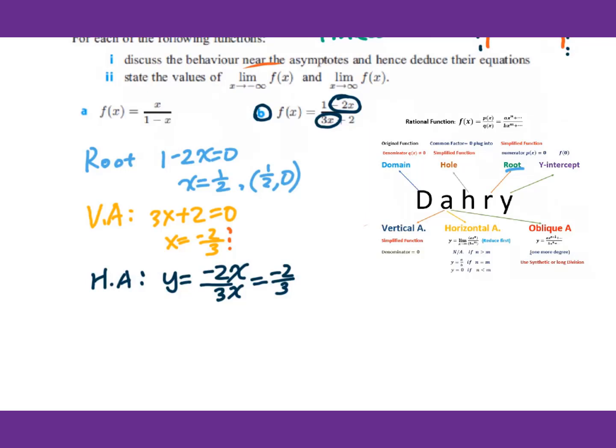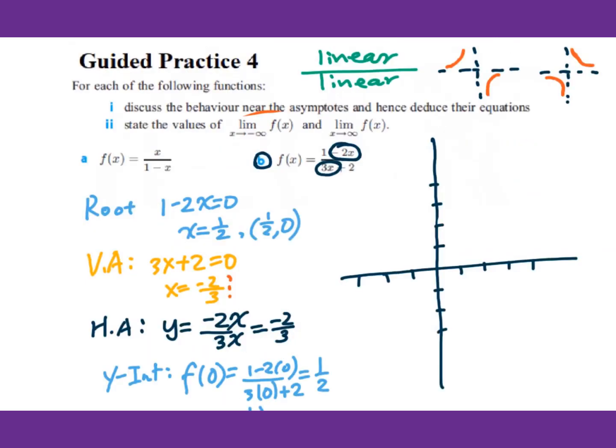For the y-intercept, you have f of 0. 1 minus 2 times 0 over 3 times 0 plus 2. So you will get 1 over 2. So 0, 1 over 2. We show the vertical asymptote line, that is x equals negative 2 over 3, like this.